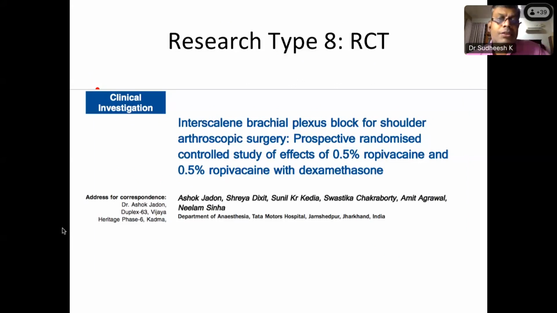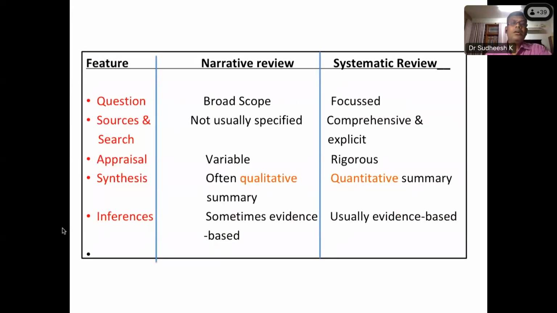Next is the review and meta-analysis. This is the best among the study methods in support of evidence-based medicine, because they test with more power. In a narrative review, the scope is broad, there is no specific mention of how they search the literature, the appraisal is variable, and most of the time it's a qualitative summary of data without any presentation of data, and inferences can be personal opinion or sometimes evidence based.